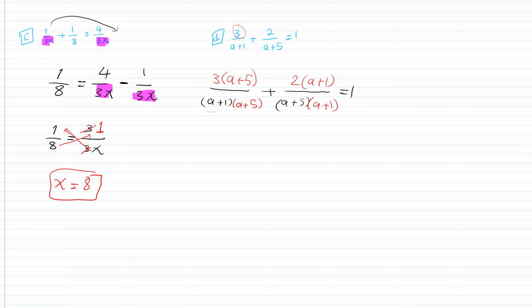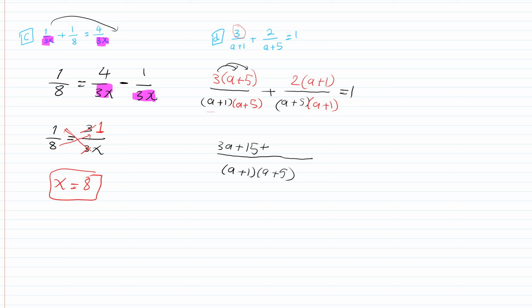Since we have common denominators, we can write them down once. We can say equals a plus 1 times a plus 5 in the denominator, and in the numerator you can simplify 3a, 15, right? It will be 3a plus 15. Here we have plus, so it will be plus the other fraction.